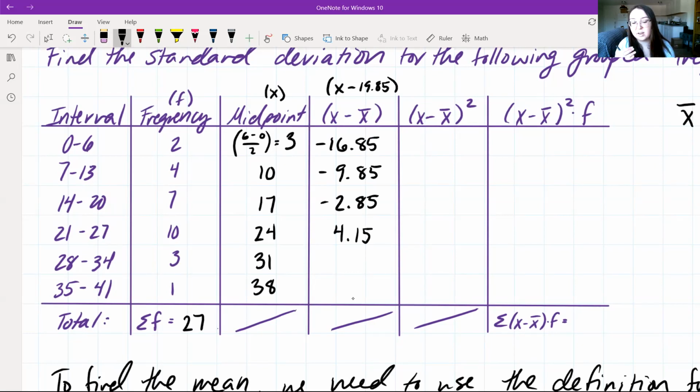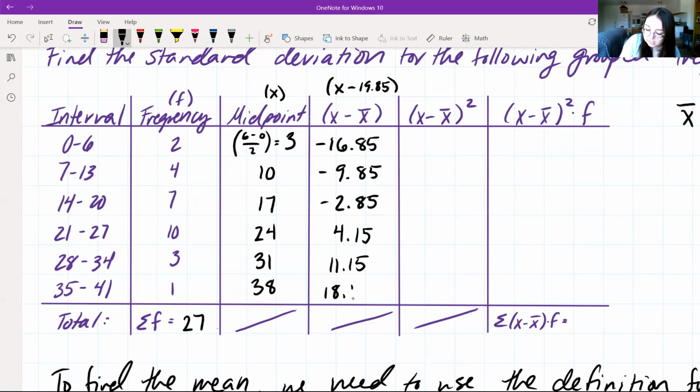So we see here that once we switch from a number that is less than the mean to a number that is greater than the mean, the sign is going to change. Then we take 31 minus 19.85. It's going to be 11.15. Then we want to take 38 minus 19.85.